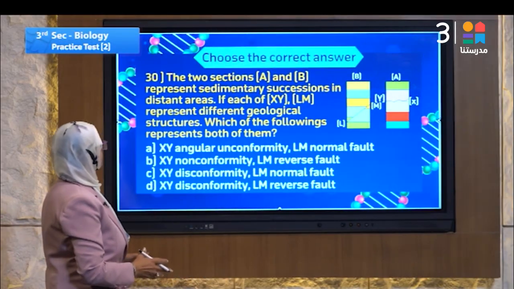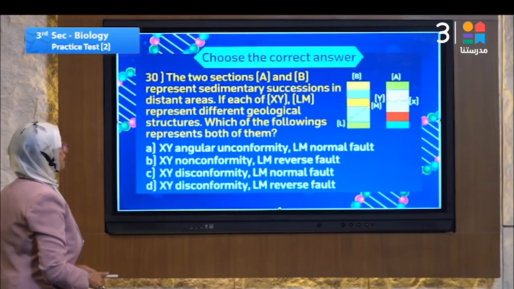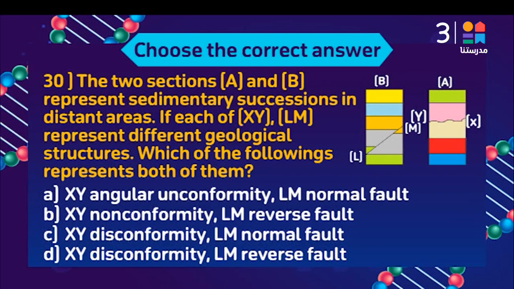Question 30 is about earth science again. The two sections A and B represent a sedimentary succession in a distant area. Sedimentary rocks are layers of sediments laid over each other, but here the sediments are not in layers.